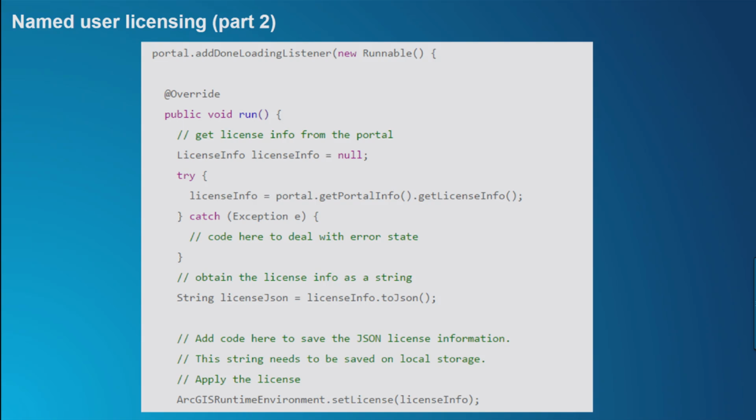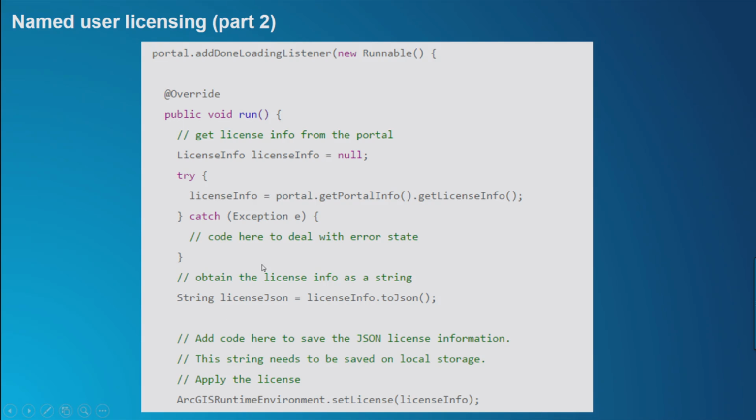Now, I was talking a few minutes ago about applications that work in an offline environment. So what use is that? We have thought about that. The way we've got around this is that you need to license your application by connecting to the portal, obviously when you do have network connectivity.